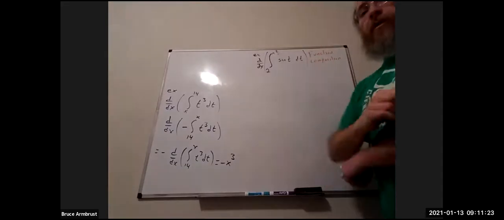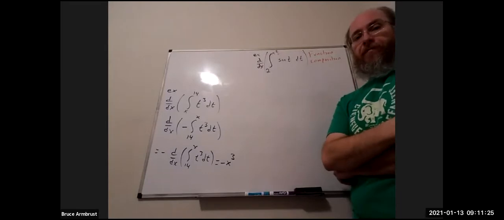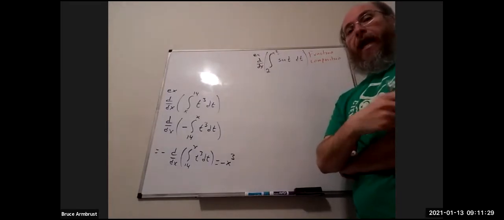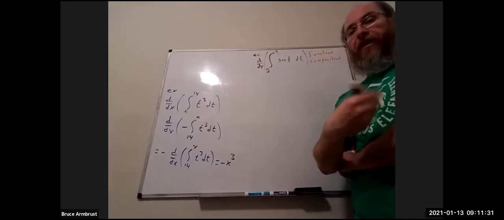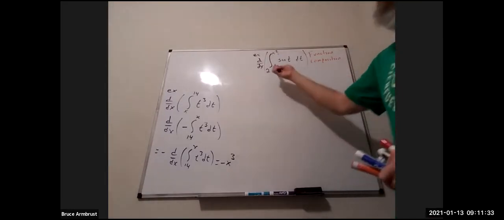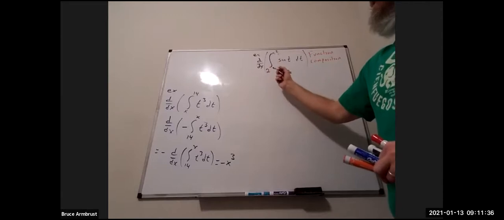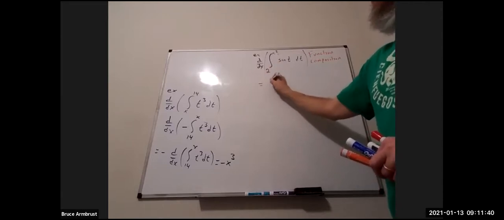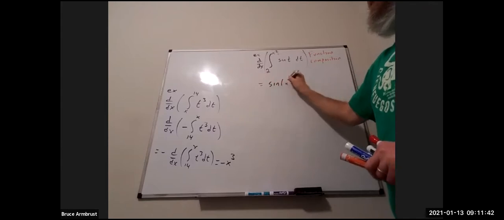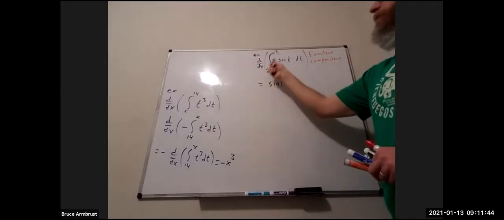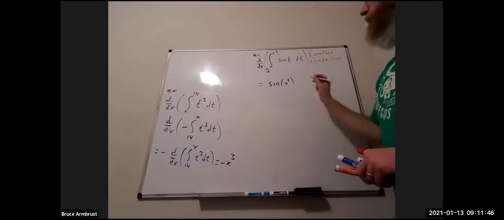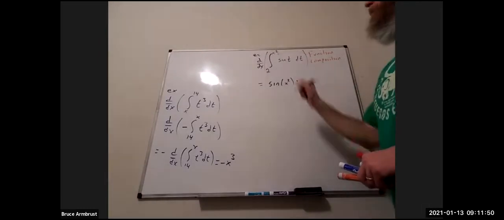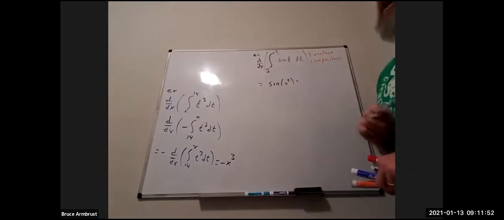So this is chain rule. Do you remember how chain rule works? We differentiate the outer function, and then we multiply by the derivative of the inner function. So the answer to this is going to be sine of x squared. That's the derivative of the integral. But then we need to multiply by the derivative of this function that we're putting in.